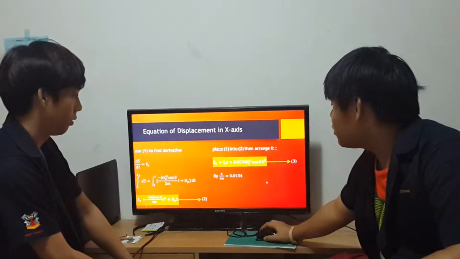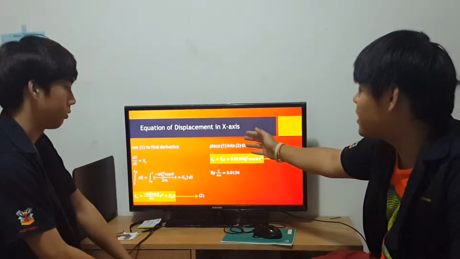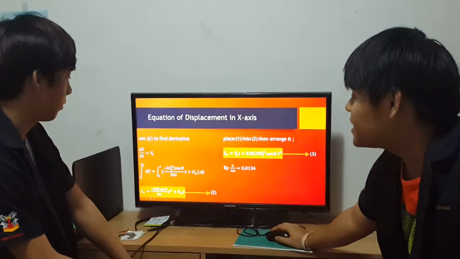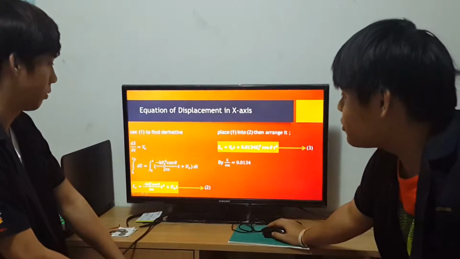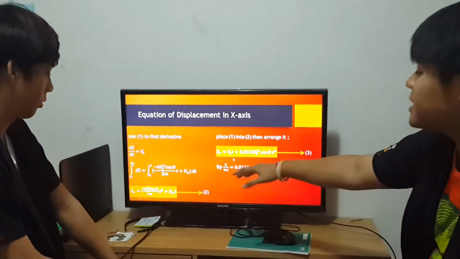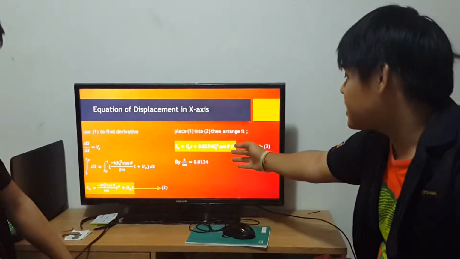Then we use the equation of velocity to find the displacement equation in the x-axis. We take the first equation and integrate it, so after we integrate it, we can find the equation of our displacement as shown.